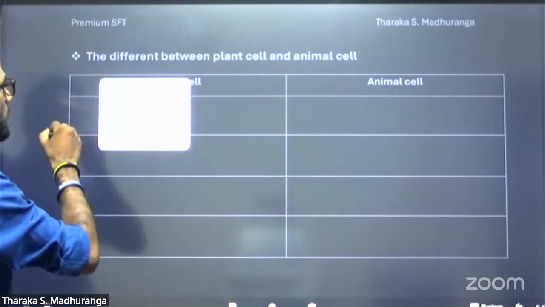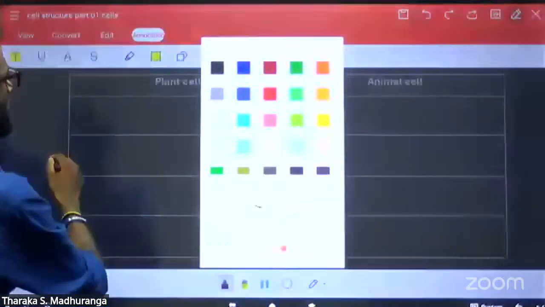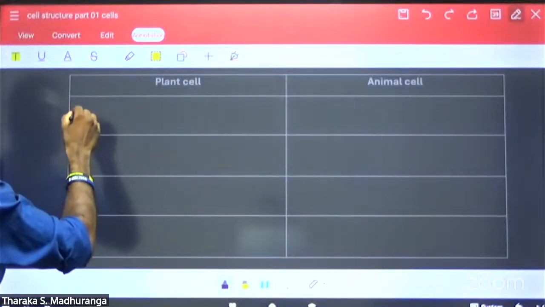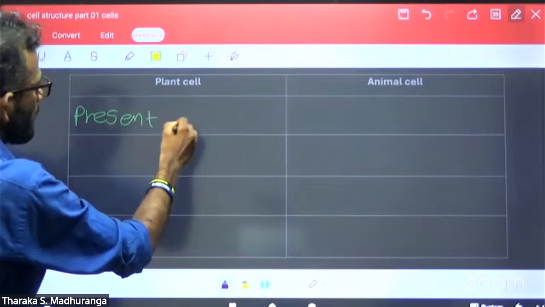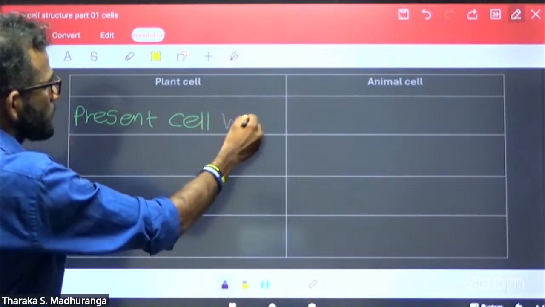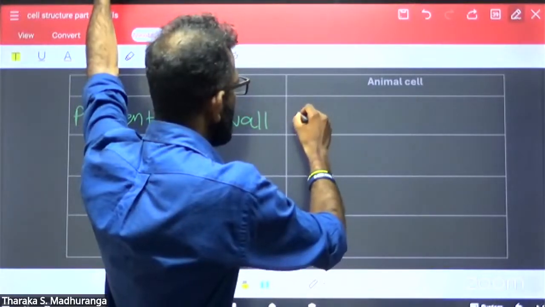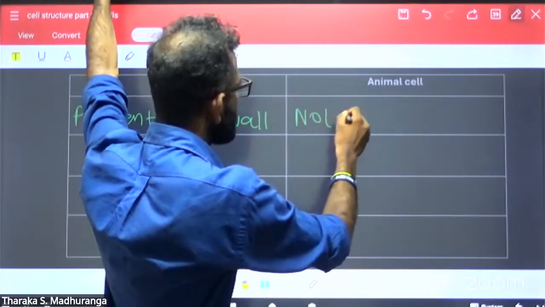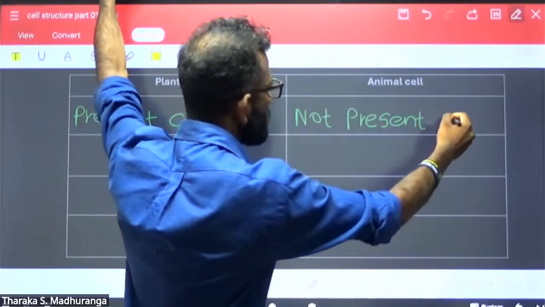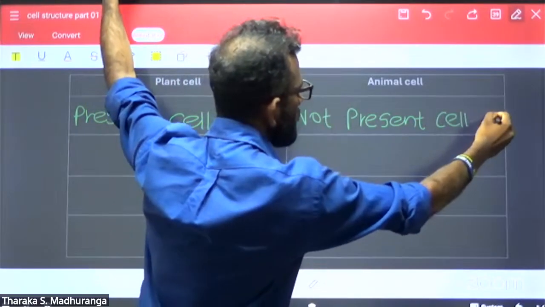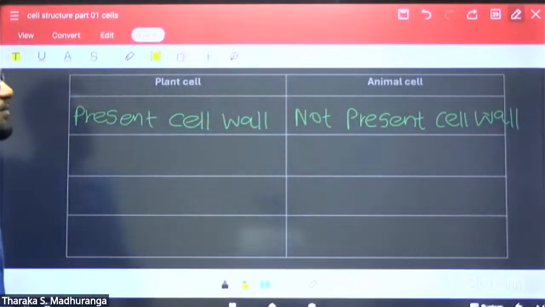Plant cell, you can write down here: cell wall present. Animal cells: cell wall not present, they don't have a cell wall. Okay, what are the other differences?